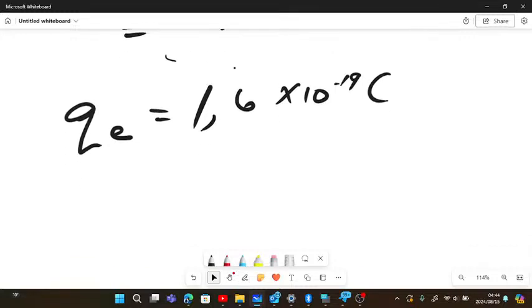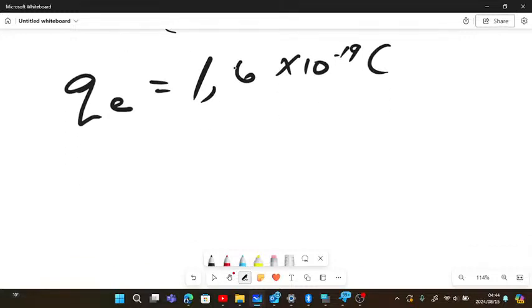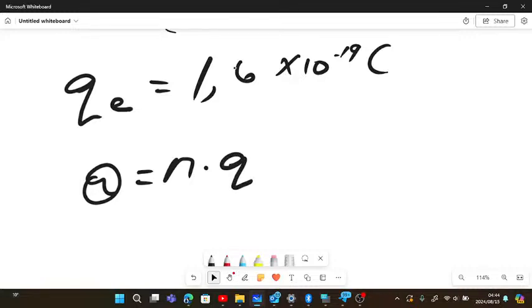This is to say that each charge will consist of the number of electrons multiplied by the charge of one electron, and this is normally called QE.